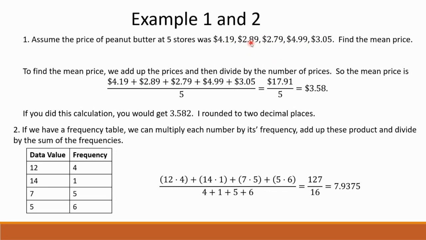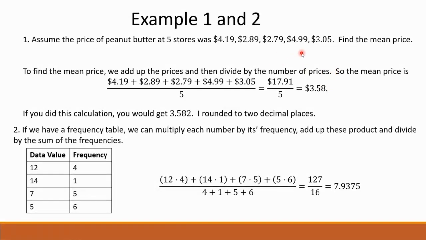In this case, we add them up, 4.19, 2.89, and so on, and divide by 5 since there are 5 prices. Adding them up, we get $17.91, divided by 5, we get this. So this is the mean price. And yes, I rounded it to 2 decimal places. That's really what the mean is, it's just an average.